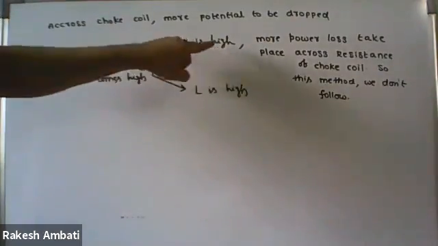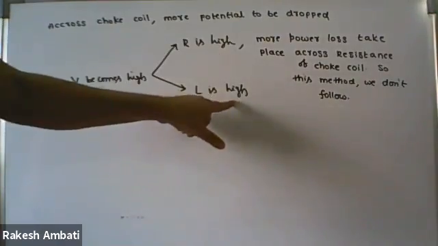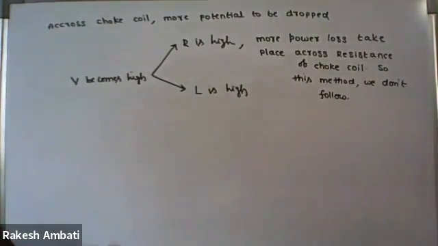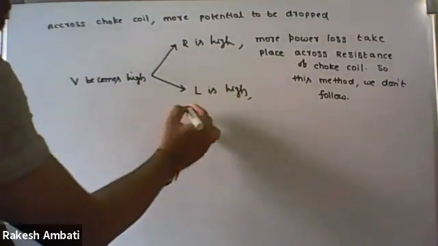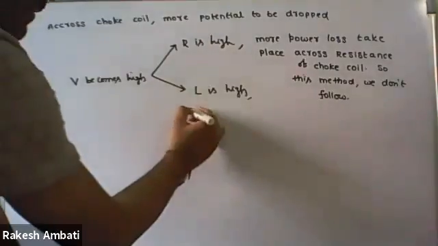If we don't follow this method, then the alternative way is that inductance is high. But how to increase inductance? Write down: soft iron.